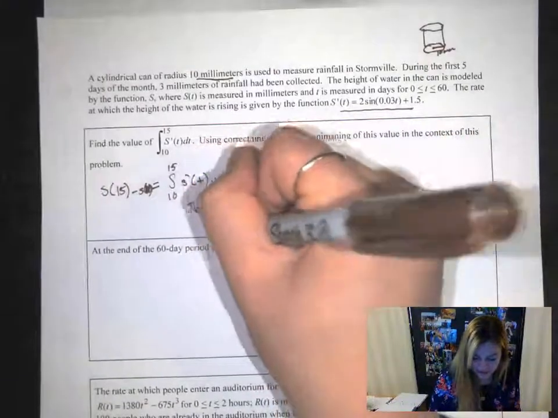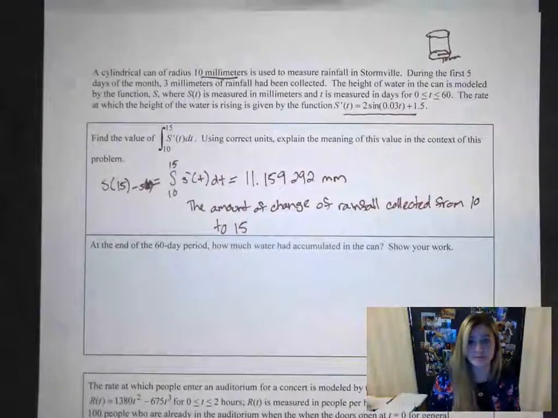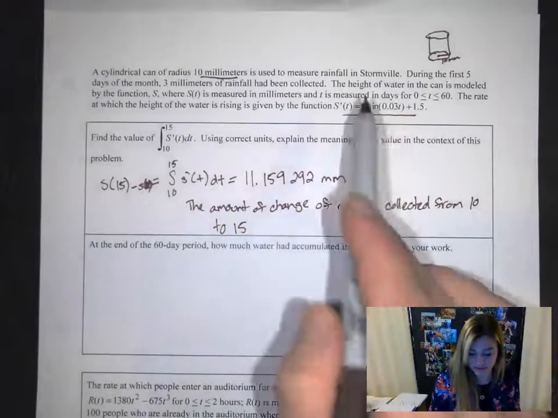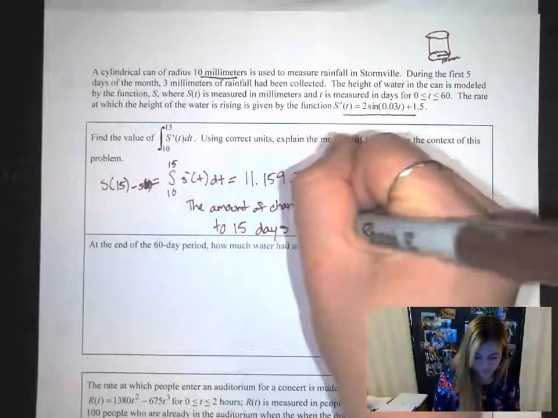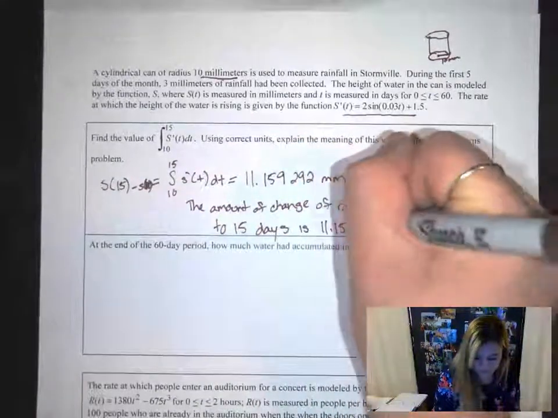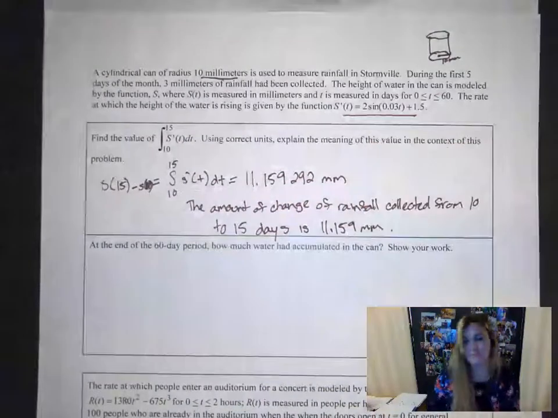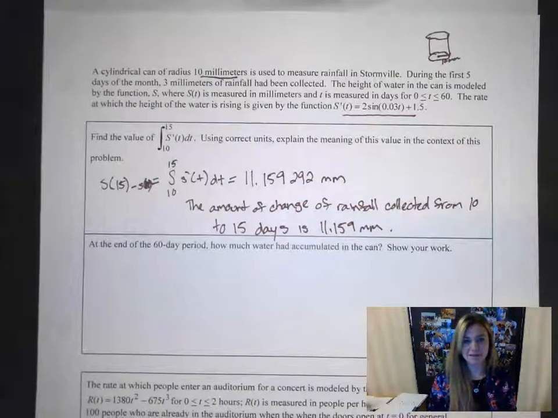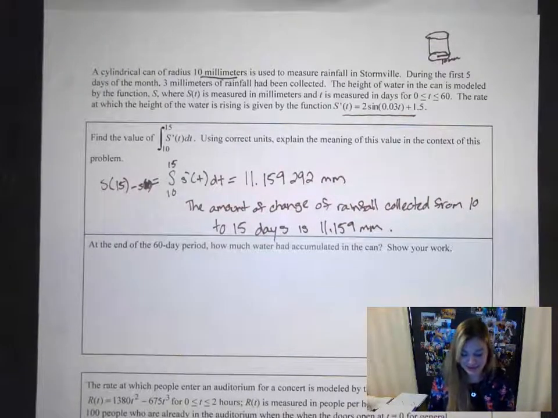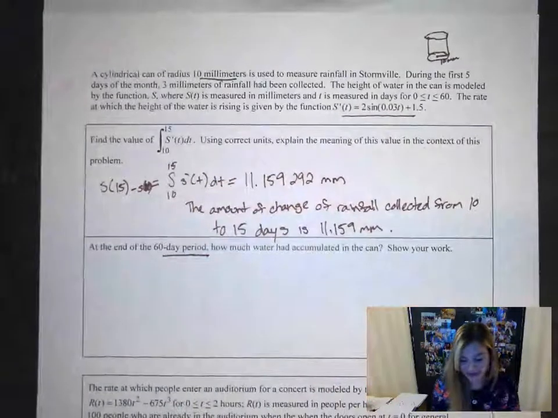Let's think about 10 to 15 what? 10 to 15 days is 11.159 millimeters. Huzzah!